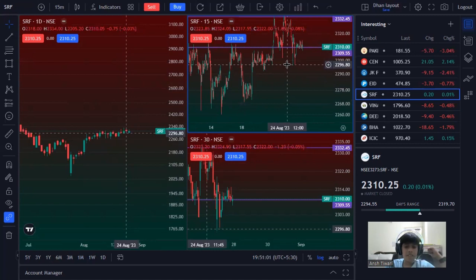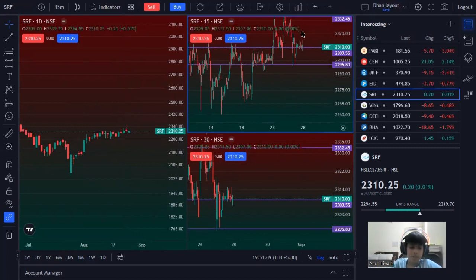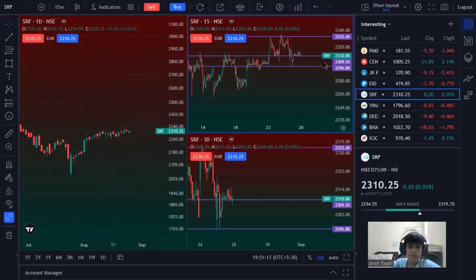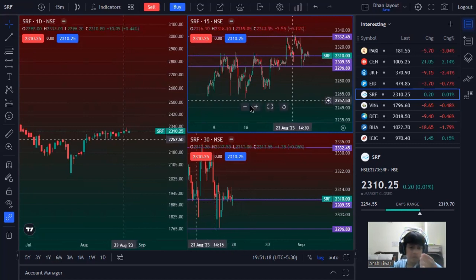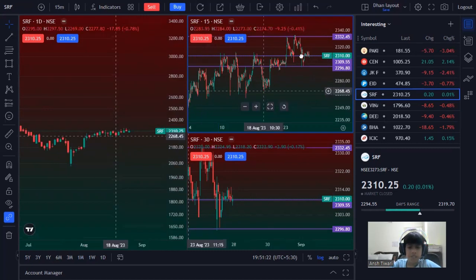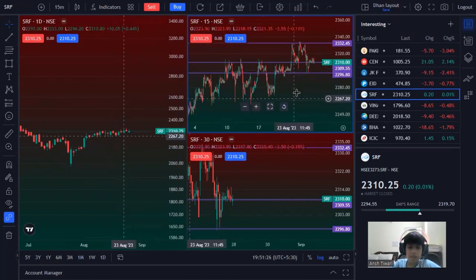Now, if we go to the downside, we can figure out some support levels. Let me open two of them. Okay. Now here we can mark the bottom one.